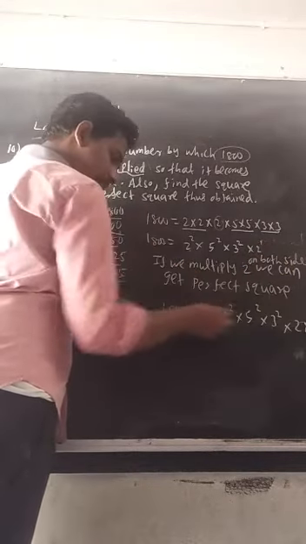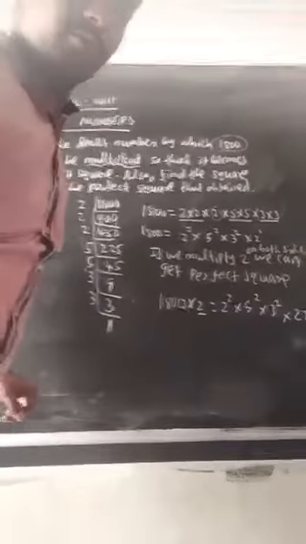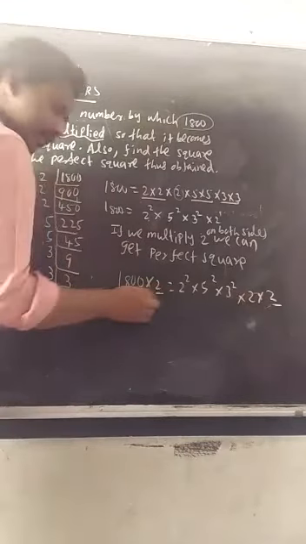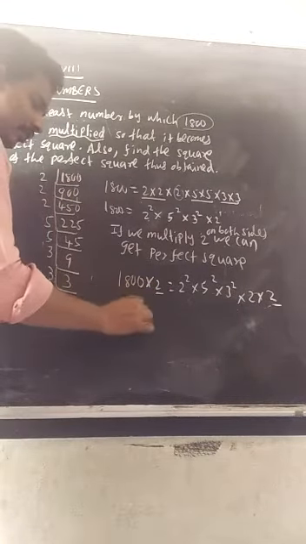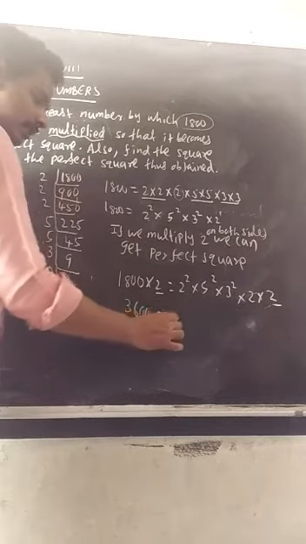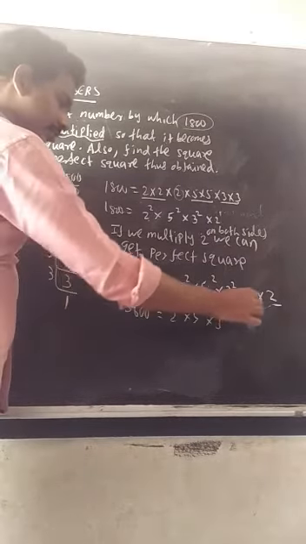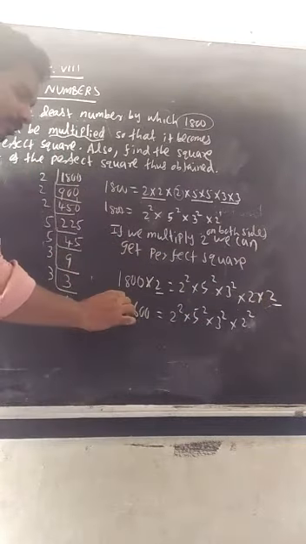Now I am multiplying by 2. These 2 and these 2 I am multiplying. So now 3600 equals 2 square into 5 square into 3 square into 2 into 2, which is 2 square. Now we can take the square root.